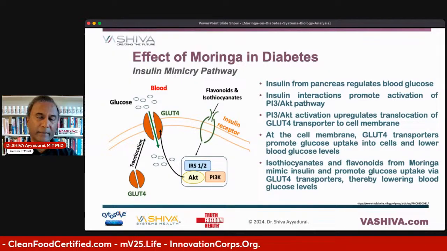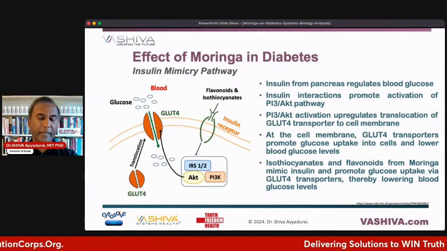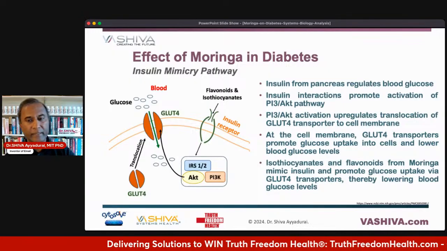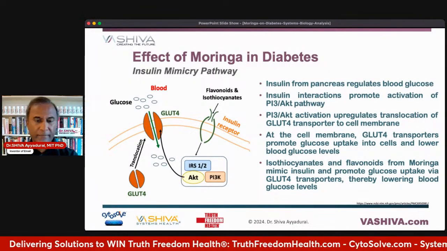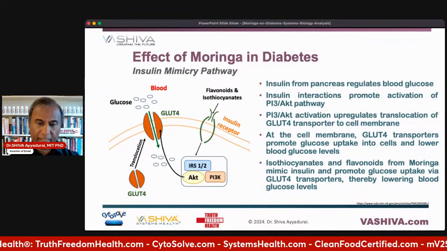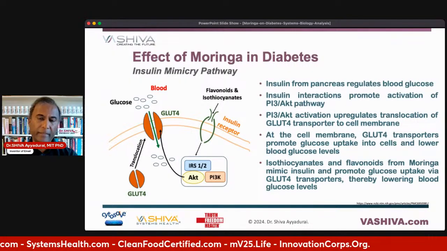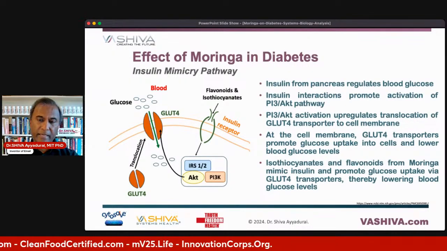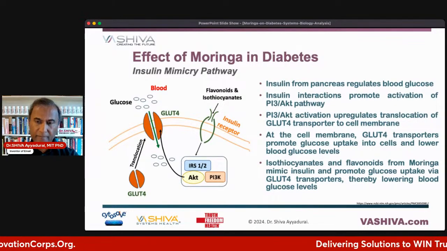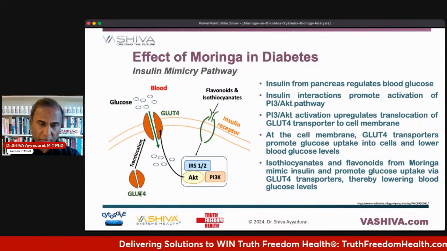So first of all, insulin from your pancreas regulates your blood glucose. Okay, again, insulin from your pancreas, which is released, regulates your blood glucose. And insulin interactions promote activation of a very important pathway called the PI3K-AKT pathway. These pathways are very important and are activated by insulin interactions. Now that PI3K-AKT activation upregulates the translocation of this molecule, GLUT4.